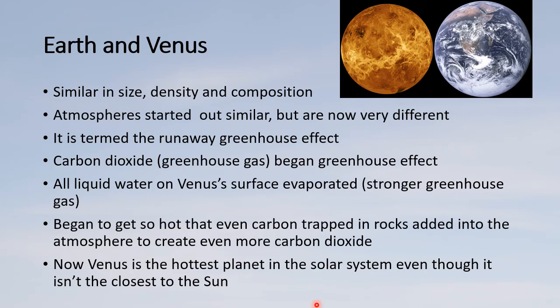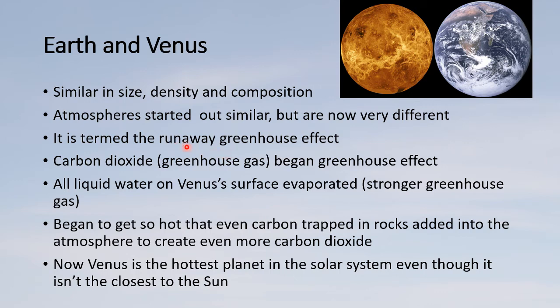So specifically looking at Venus, it's about the same size as Earth, about the same density, and it's made of basically the same materials as Earth. However, our atmospheres started out similar, but they're now very different. It's termed the runaway greenhouse effect.